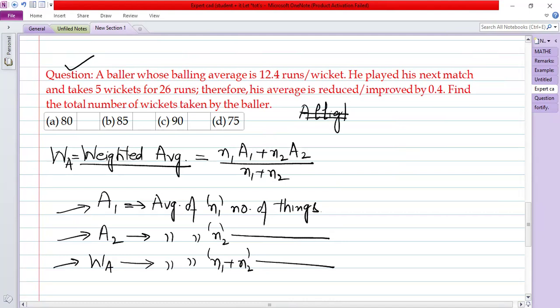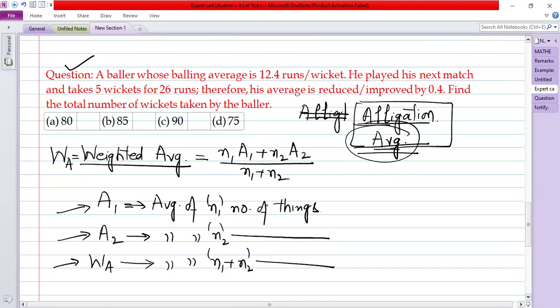I mentioned that the concepts of alligation and average are related. If in a question three averages are involved, directly or indirectly, then we can apply this method of alligation. So now one can very well see here we are already having three averages.